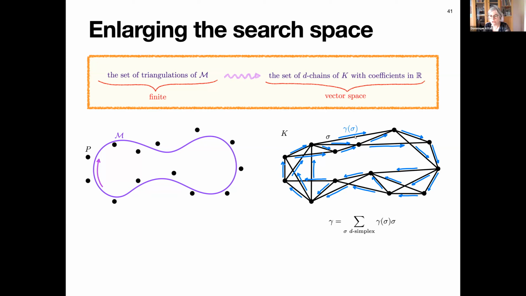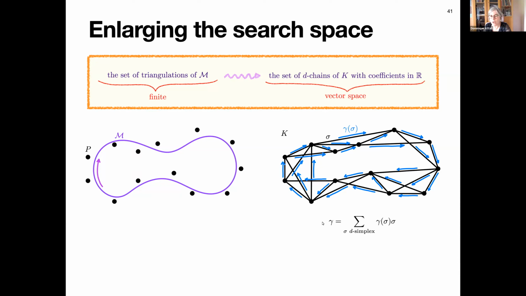So this is what we've done here with the blue arrows. And now a d-chain is just a vector that can be expressed in the basis formed by the d-simplices of K.